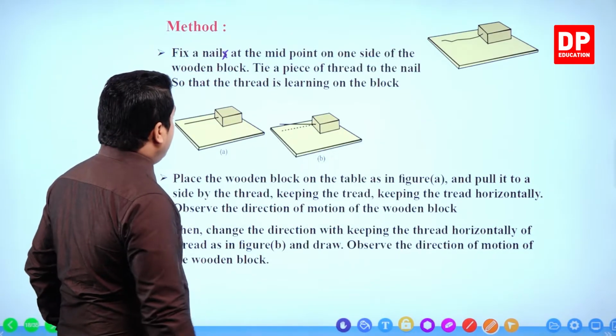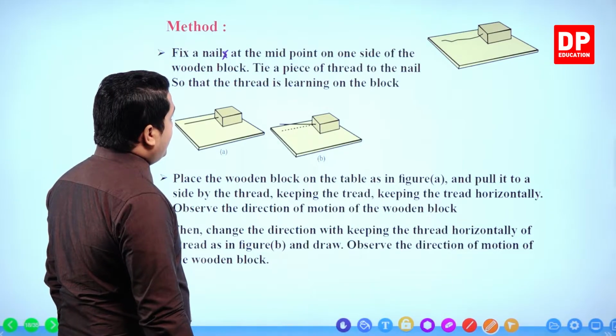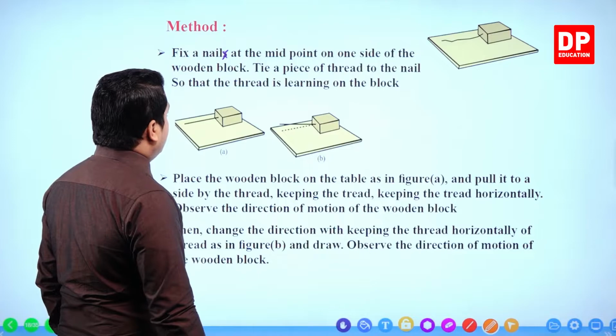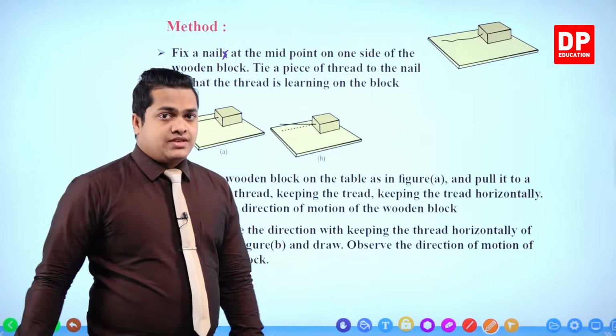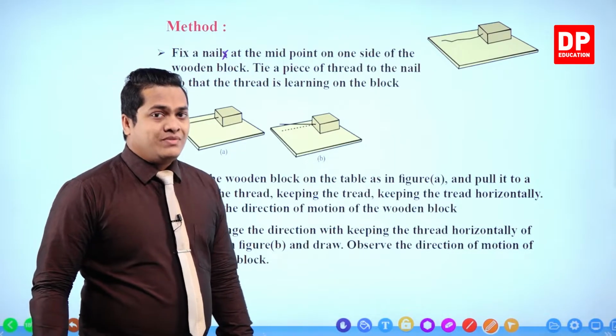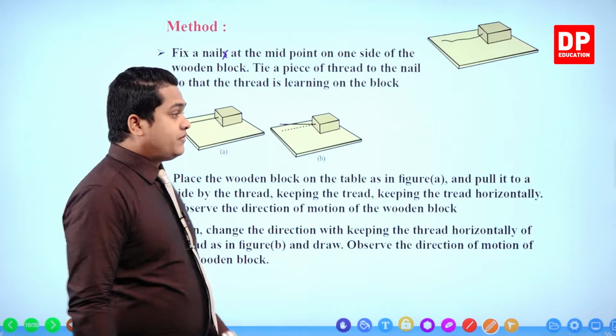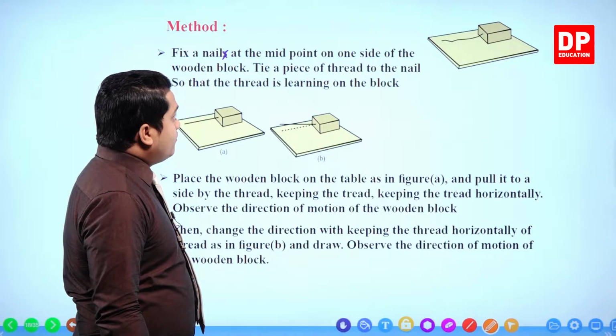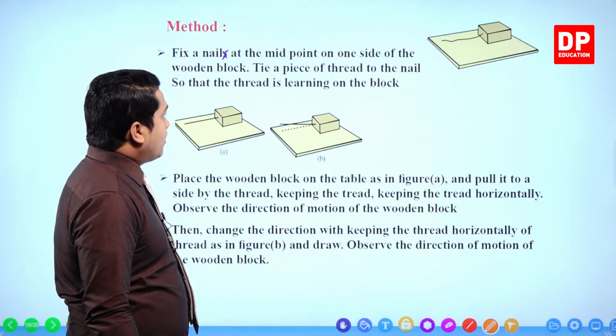So fix a nail at the midpoint on one side of the wooden block, right? So in your textbook there is a mistake in the method. It should be nail, not nails. So fix a nail at the midpoint on one side of the wooden block.